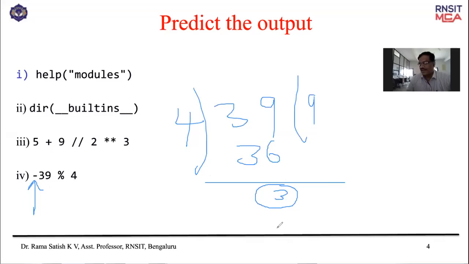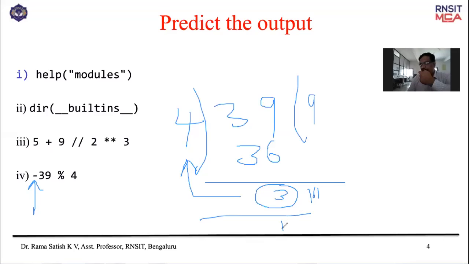3 is complemented. You have to find the complement of 3 with respect to 4. So in order to reach 4, how much do you have to add?